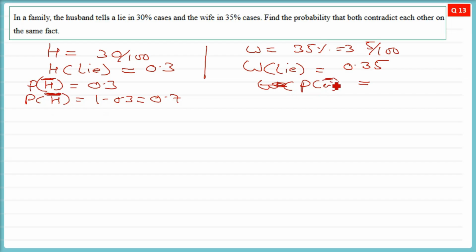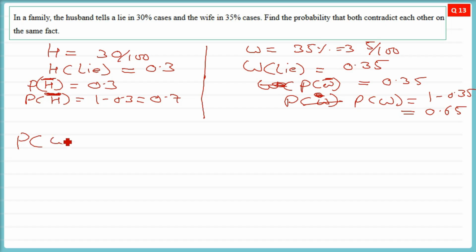And telling the truth is PH. Similarly, telling a lie for a wife is PW bar, and probability that the wife speaks the truth is going to be PW, which is 1 minus 0.35, and that comes out to be 0.65.